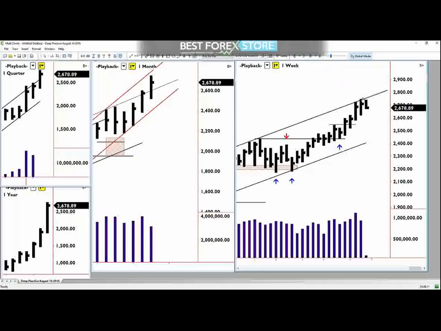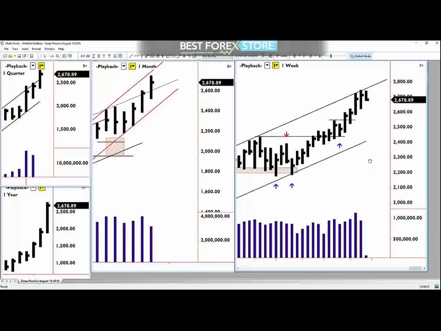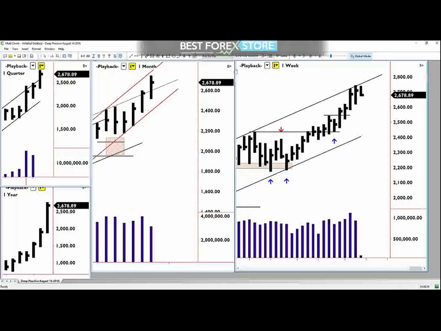So now, we're at the supply line, and what do you notice here? Shortening of the thrust in the price bars, yeah. So we're long, we've got a pretty good position on. Should we keep this position or should we exit? What do you think?